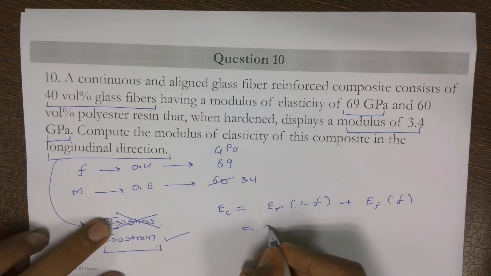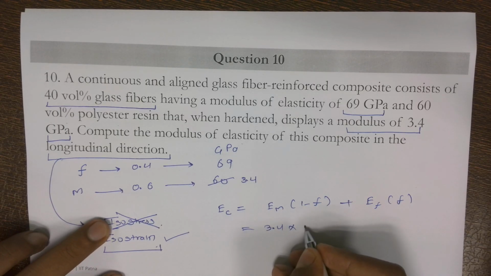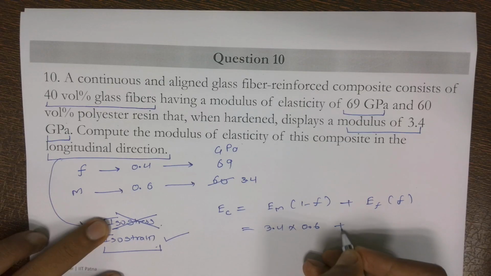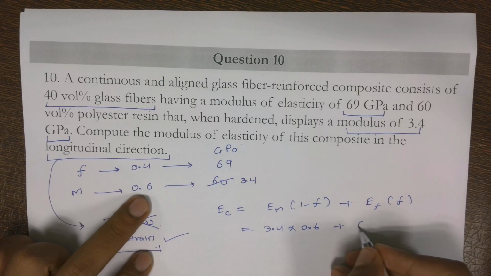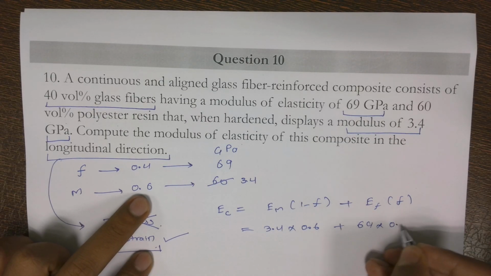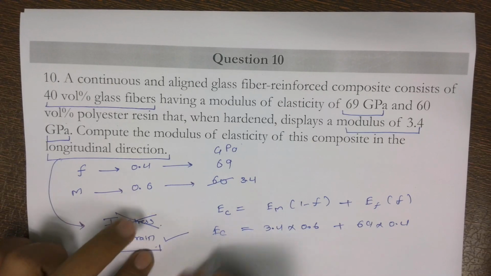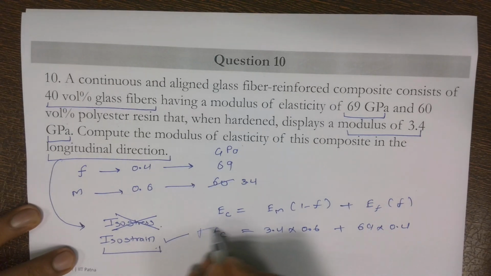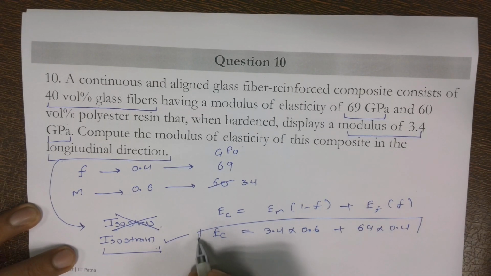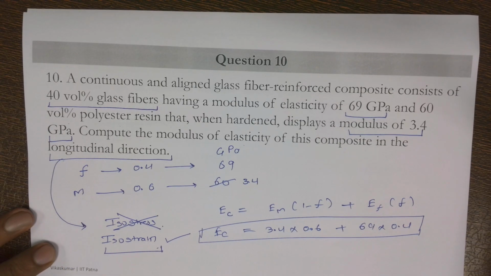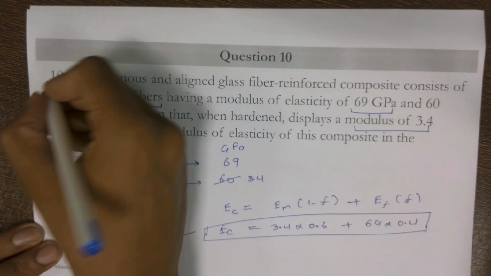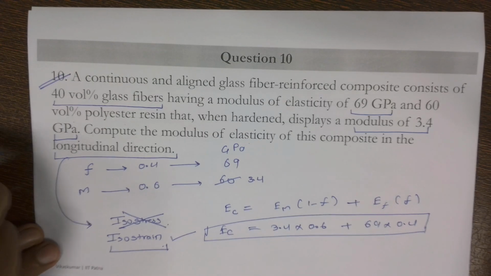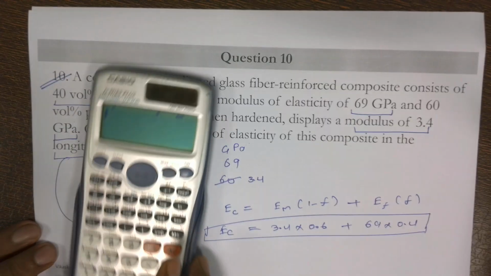For the matrix, it's 3.4 multiplied by 0.6 as the fraction, and here it is 69 and the fraction is 0.4. I think I can leave it over here. It's a very easy calculation one can do. Right. So with that, we have solved this question number 10. Okay, but just for the completeness, let me just write it down.